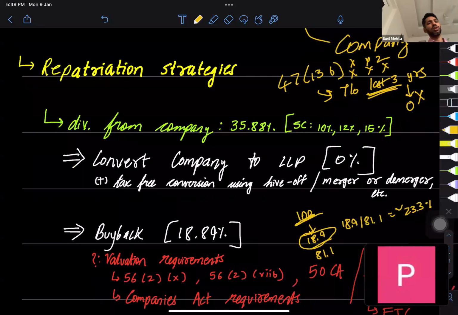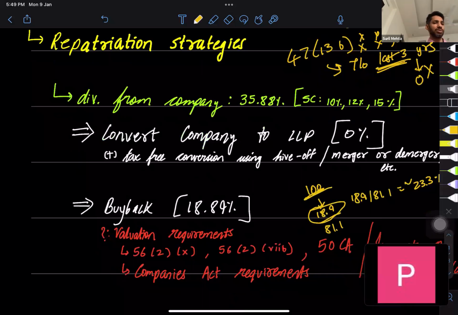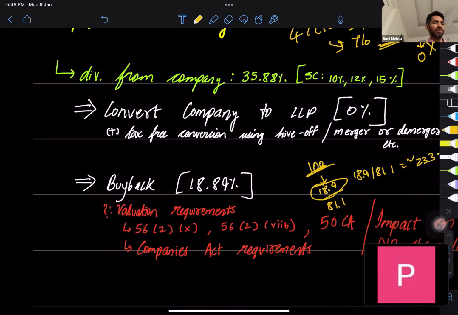There, it's not very straightforward because there are a lot of conditions under the Companies Act and the Income Tax Act. When you go for a sale of shares, the provisions are mentioned in 56(2)(x), and 56(2)(viib) in case of issue of shares. There's also 50CA, which is relevant in case of sale of shares. Fortunately, these conditions don't apply: 56(2)(x), 56(2)(viib) or 50CA, right?